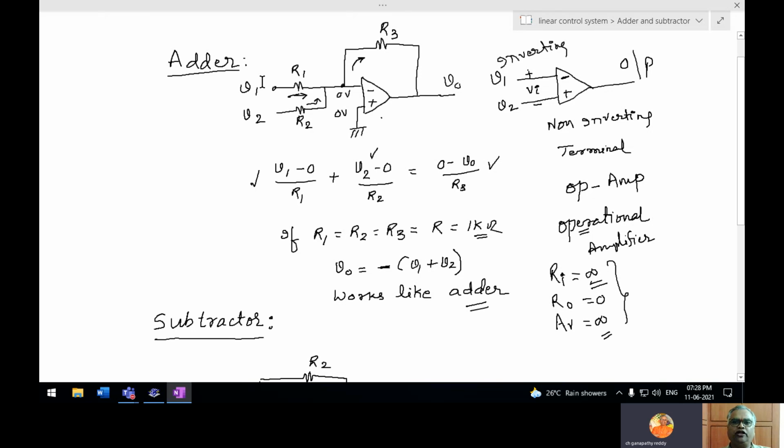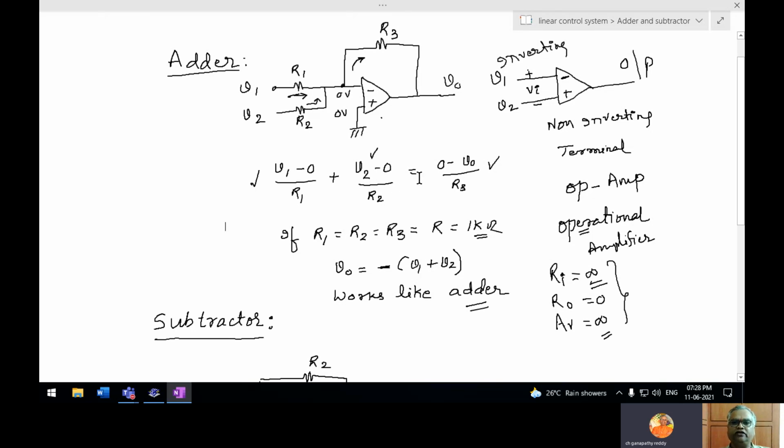Now write the nodal equation. Current coming from V1 to 0 and V2 to 0. These two currents will go through R3 only. Why is it not going into the op-amp? Because of infinite resistance, the input is like an open. Current will not go into the op-amp, so it has to go through R3. They have taken R1, R2, R3. Now write the nodal equation: (V1 minus 0)/R1 plus (V2 minus 0)/R2 is equal to (0 minus V0)/R3.